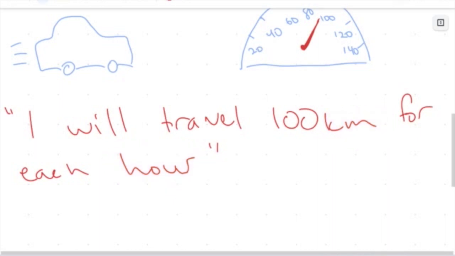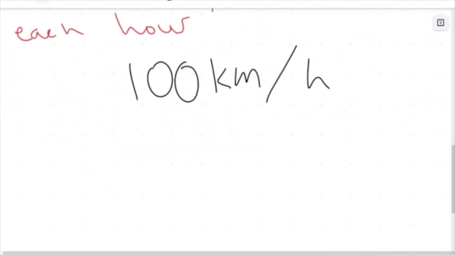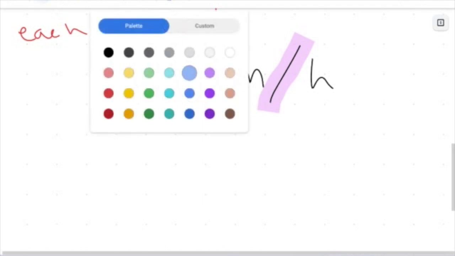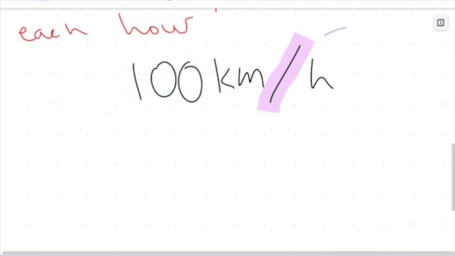And we would write this, for example, it's convention in maths. We write this with a slash. So say I wanted to show this, I'm writing this as 100 kilometers per hour. This slash thing here means per. So it's another way of saying 100 kilometers per hour or 100 kilometers every hour.